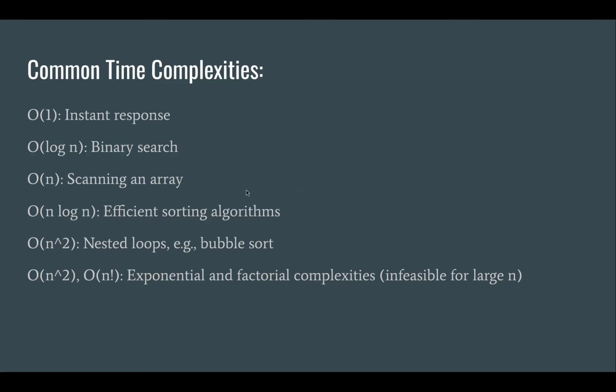More complex operations like sorting can range from O(n log n) for merge sort to O(n squared) for bubble sort. Finally, there are exponential and factorial complexities, exponential being 2 to the nth power, and factorial being n factorial. They can be impractical for large inputs due to their rapid growth in time complexity.